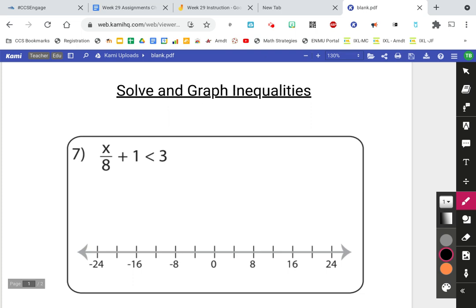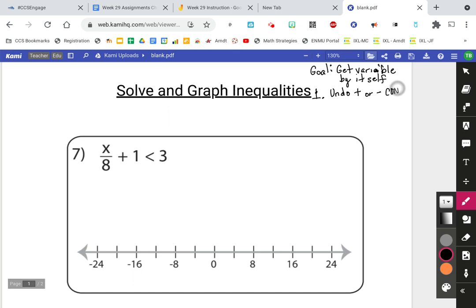So let's just remember, when we are solving equations, we have a goal, and our goal is to get the variable by itself. And our process to get the variable by itself is to first undo the positive or negative constant.